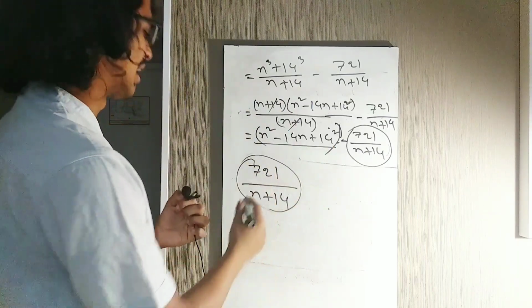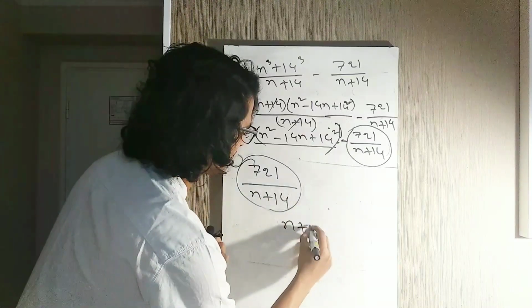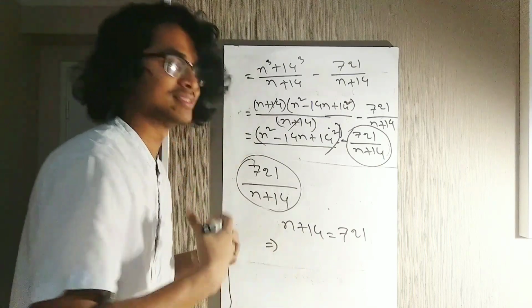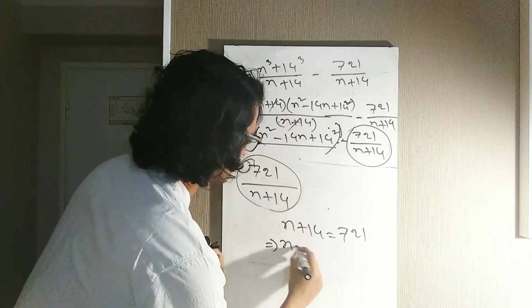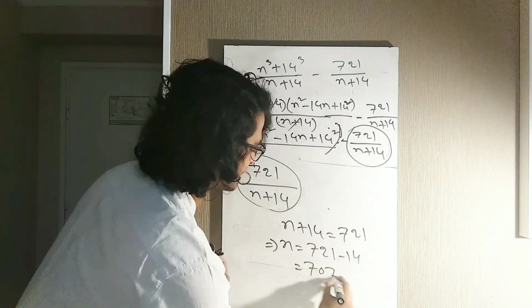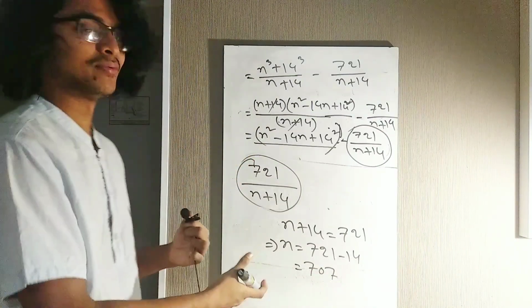So the largest value of n plus 14 is 721, which gives the largest value of n, equal to 707. This is our solution.